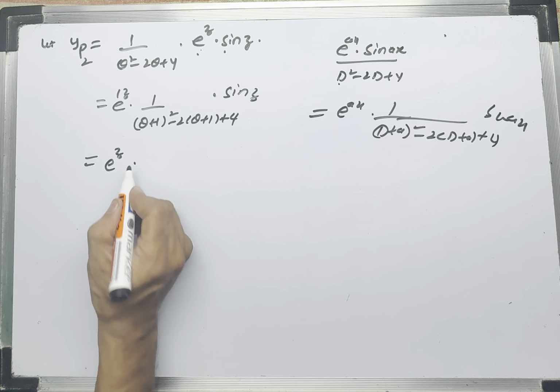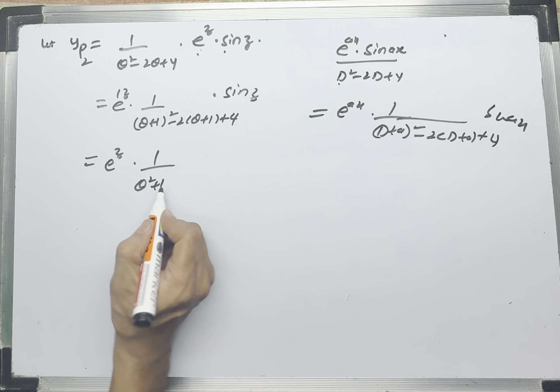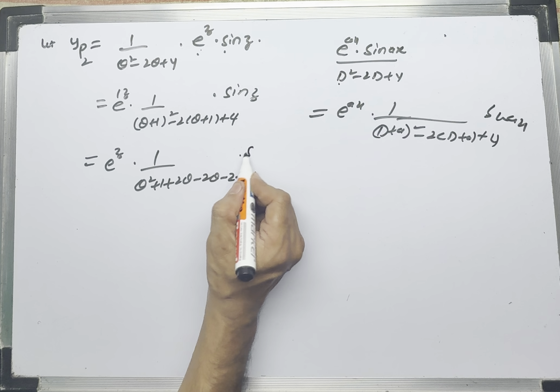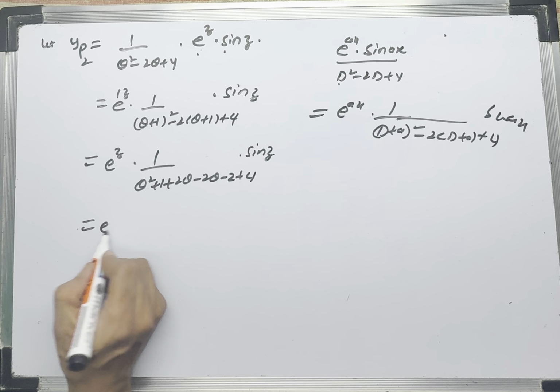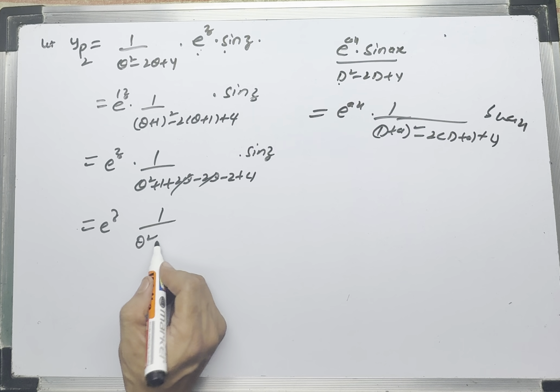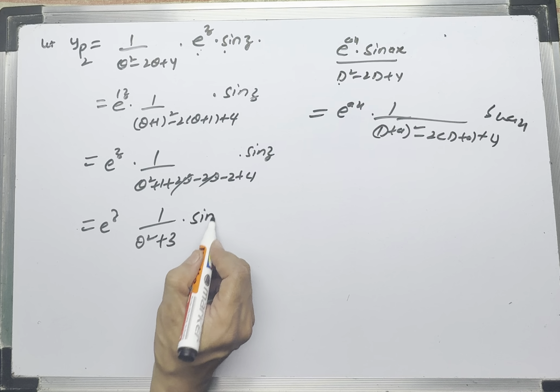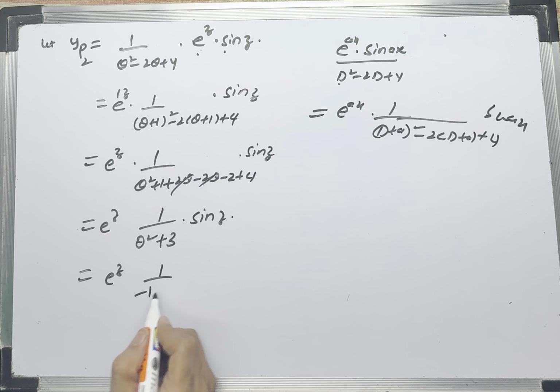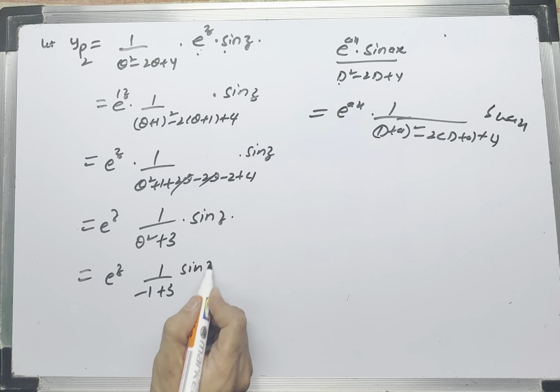E power z, a square plus b square plus 2ab, minus 2 theta minus 2 plus 4 of sin x. Then e power z 1 by theta square, 5 minus 2 is 3 sin z. So theta square is minus 1 plus 3 sin z.